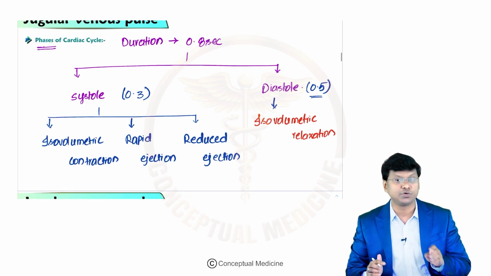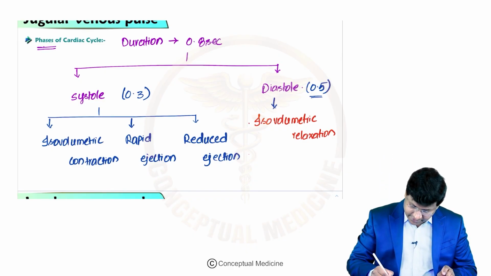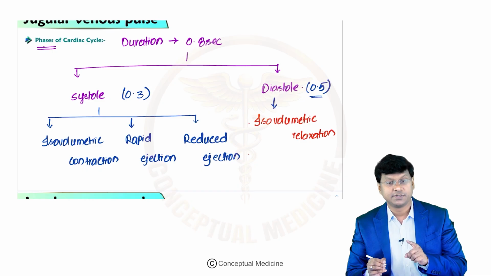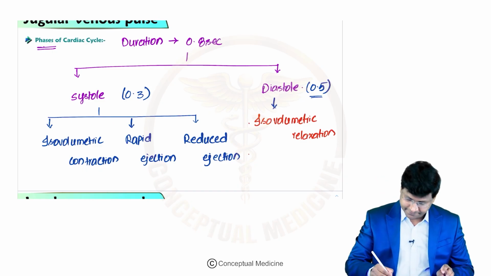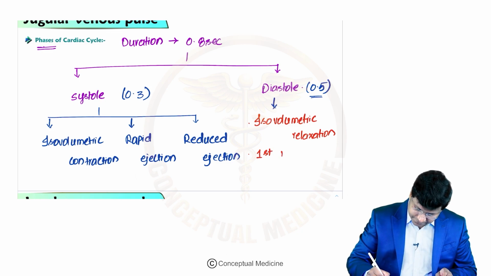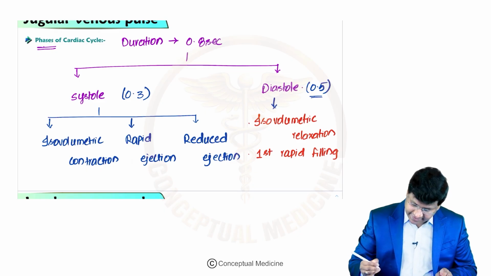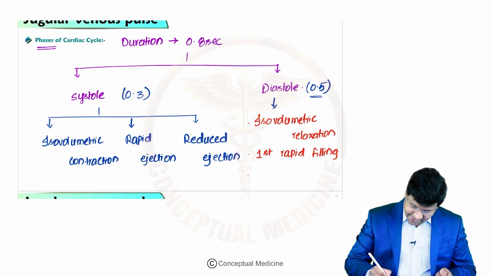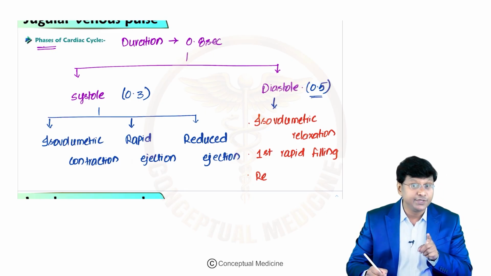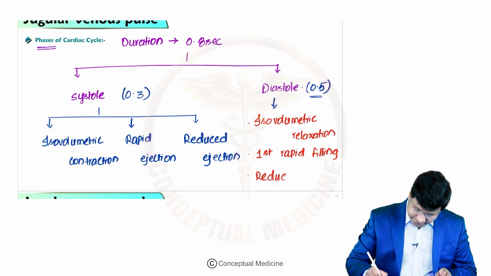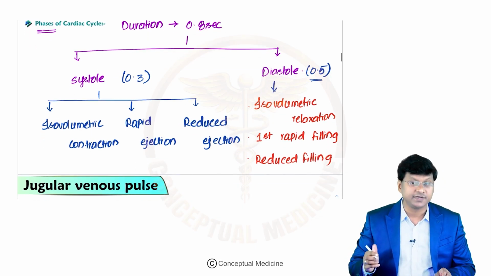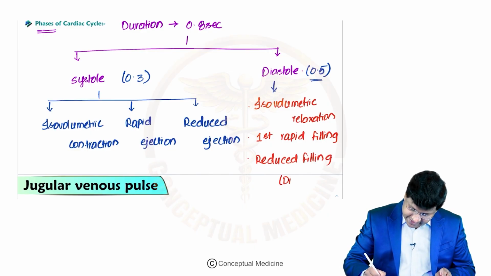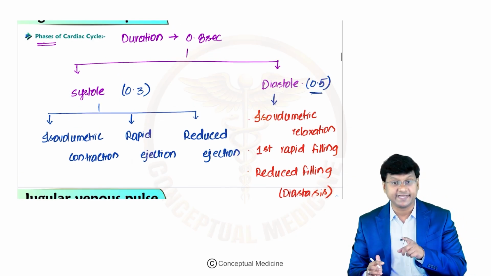Then the second event is the first rapid filling, and next is the reduced filling, which is nothing but diastasis.